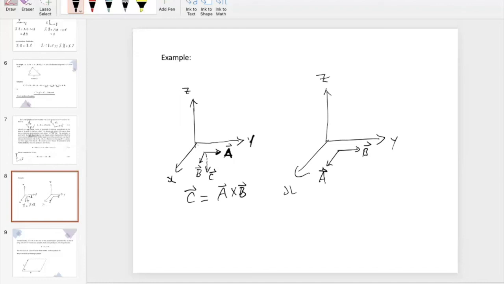If you want to calculate A cross B, first make your four fingers point to A, and then curl them in the direction of B. You will find your A cross B, or C, will go up in the direction of Z. Okay, so those are some examples. Again, if you have questions about the right-hand rule, let me know. I'll give you more examples in the future.